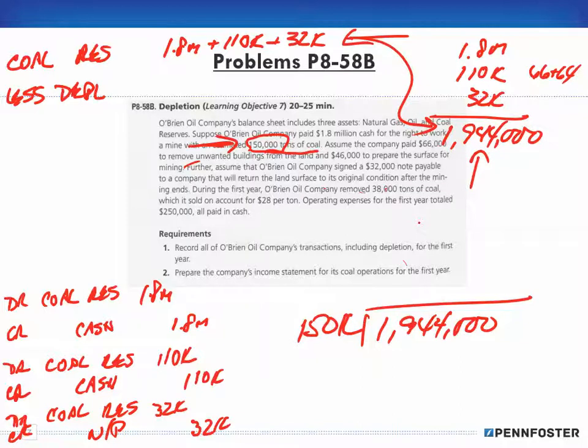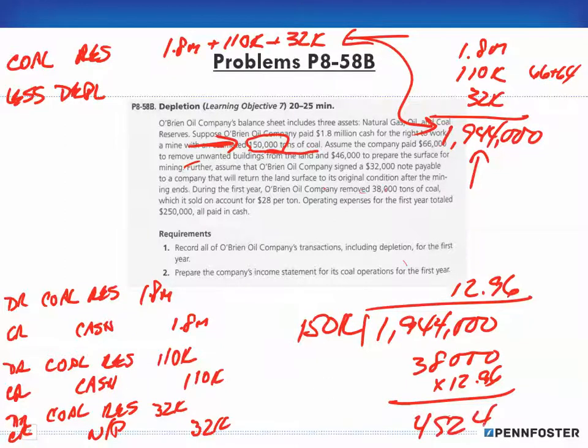So I divide it by 150,000, and I get 12.96. And if I take 38,000 and multiply that by 12.96, I end up with $492,480. So yeah, the amount in the solution manual is correct. That is the amount of our depletion.